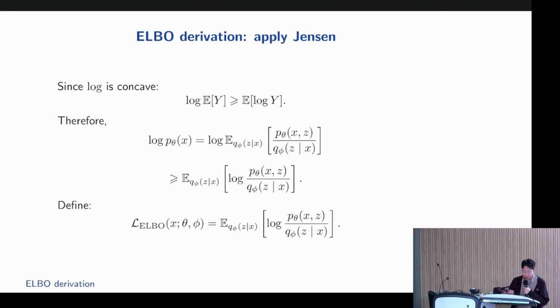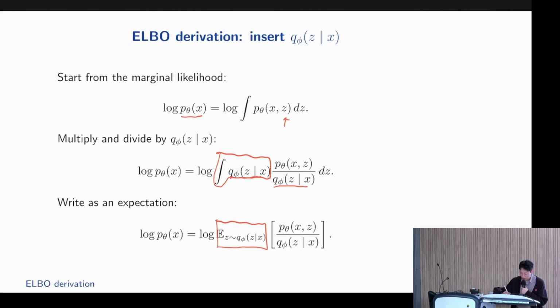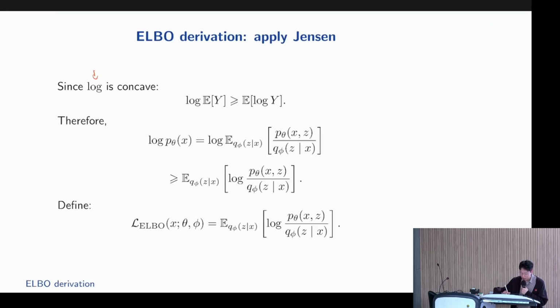Now we're going to invoke Jensen's inequality. For this log function, which is concave, the log of the expectation of a random variable is lower bounded by the expectation of the log of the random variable. Let's call this equation 1. This is equation 1 again, just copy pasted. I'm going to swap the order of log and expectation and use the inequality here through Jensen's inequality.